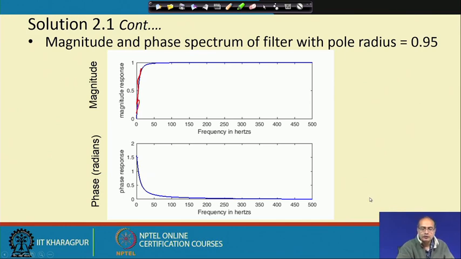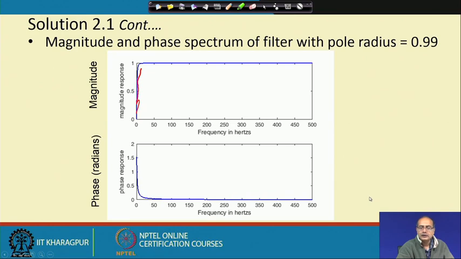Next, we go to the location 0.99. 0.99 means it is almost at the same location as the zero. So, we are getting almost ideal characteristics there, and with respect to frequency the phase also changes in a very sharp way, and for most of the region the phase distortion is 0. However, at the beginning there is some change, and the change is very sharp.